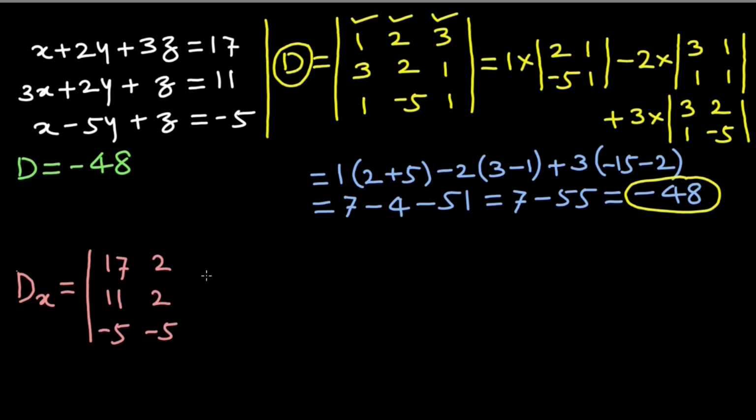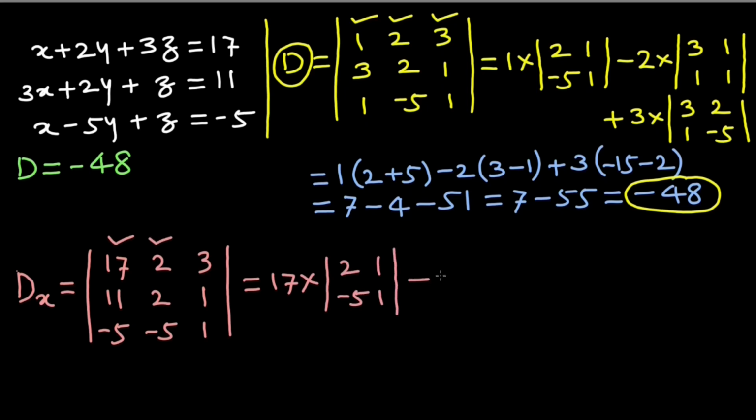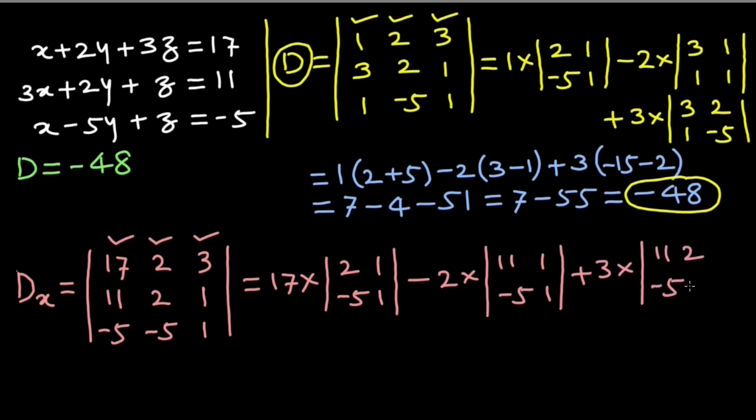Then we write coefficients of z, 3, 1, 1, equals the first element from the first row, 17, multiplied by its minor, which is 2, 1, minus 5, 1, then minus sign, then second element 2, multiplied by its minor, which will be 11, 1, minus 5, 1, plus the third element 3, multiplied by its minor, which will be 11, 2, minus 5, minus 5.